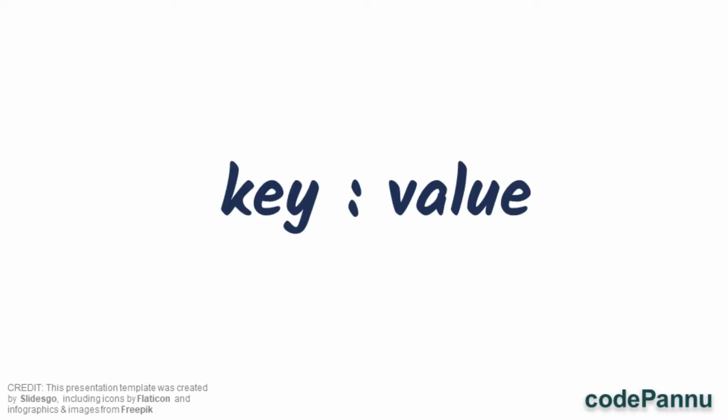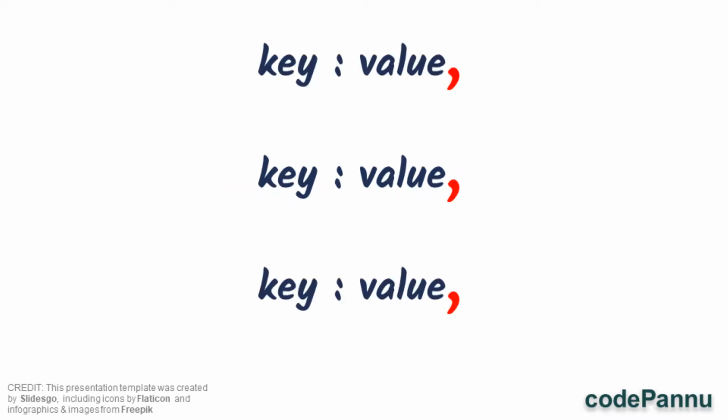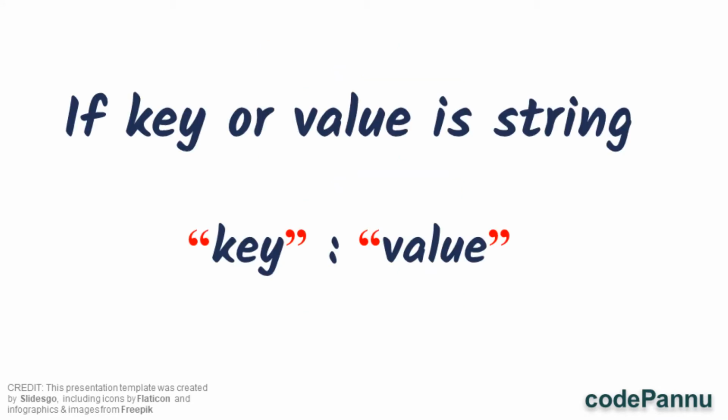First we write the key, then we put colon, and then we write the value. So after each key value pair, we have to put a comma, just like how we put comma between items in list. Also, the final point, the key should be put in quotes if it is a string. So the key or the value, if it is a string, it has to be put within quotes.